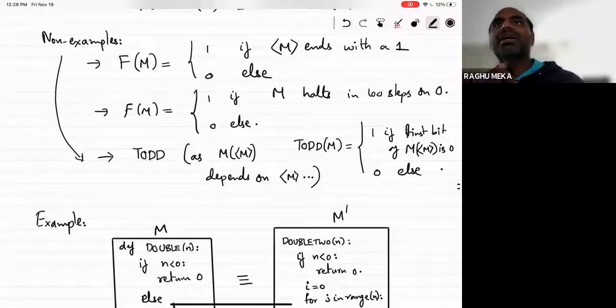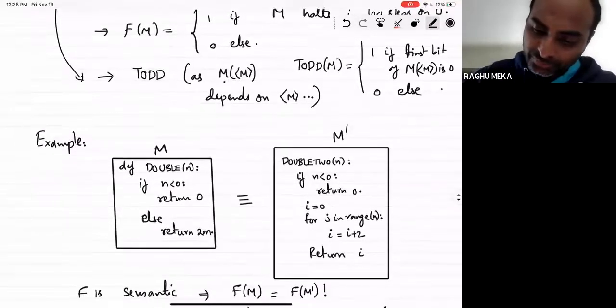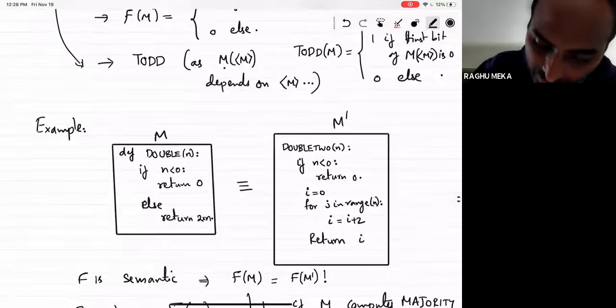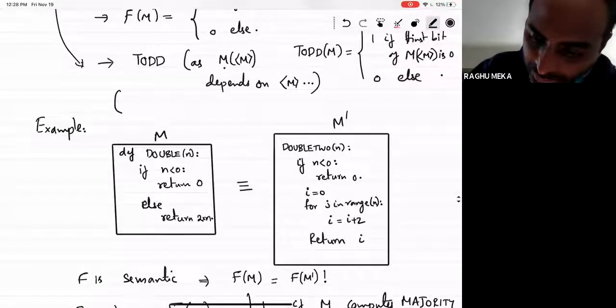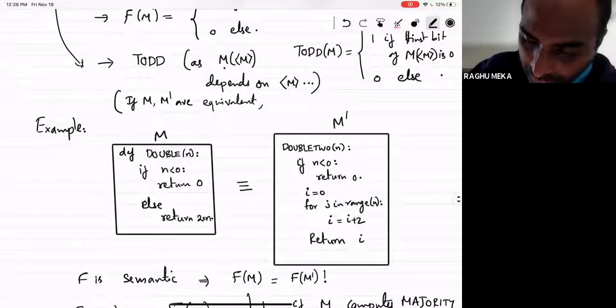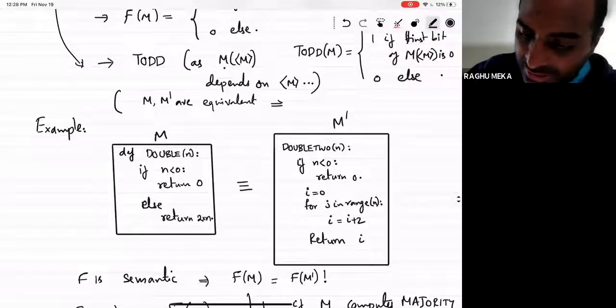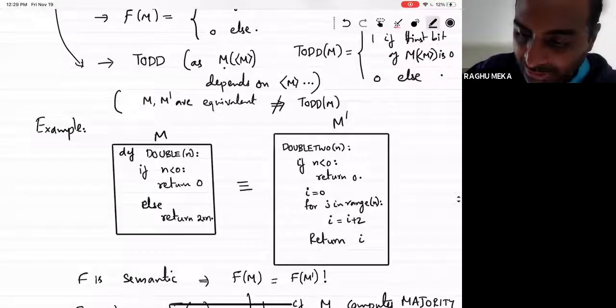Okay, whereas Todd depends on the encoding. So M and M prime being equivalent doesn't necessarily imply that Todd of M equals Todd of M prime.